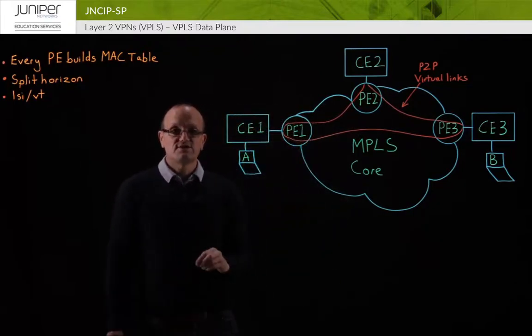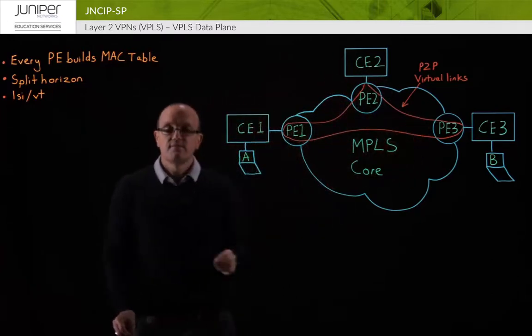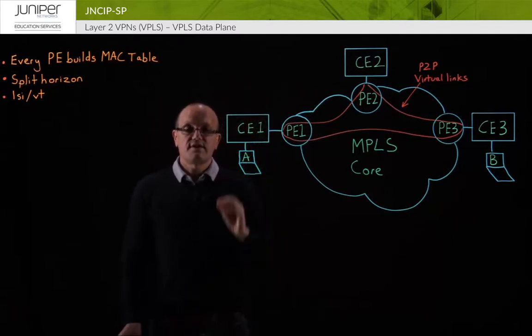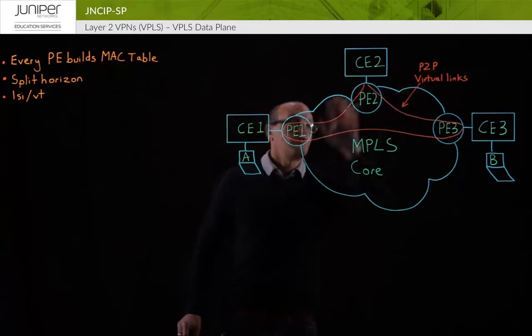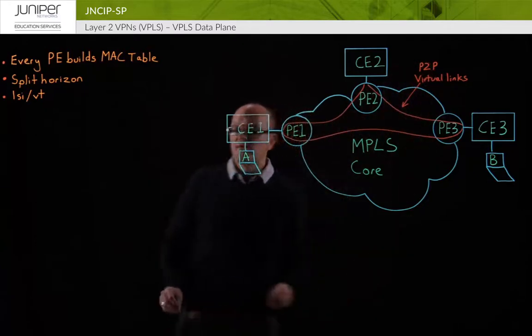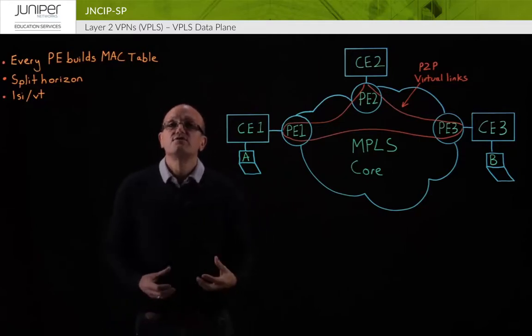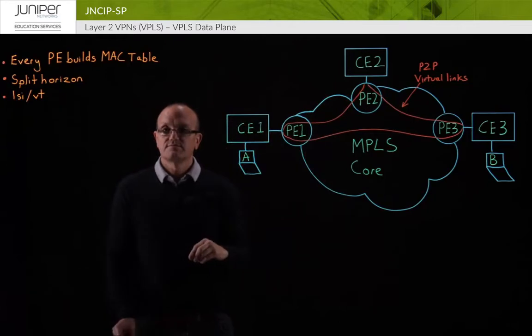In the opposite direction, if we receive a frame from a remote PE, we will send that frame out to every local CE interface, but we will not forward that frame across any virtual link to any remote PE. These split horizon rules reduce the occurrence of switching loops in a VPLS domain.